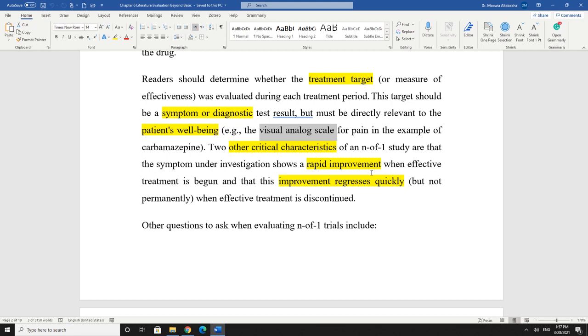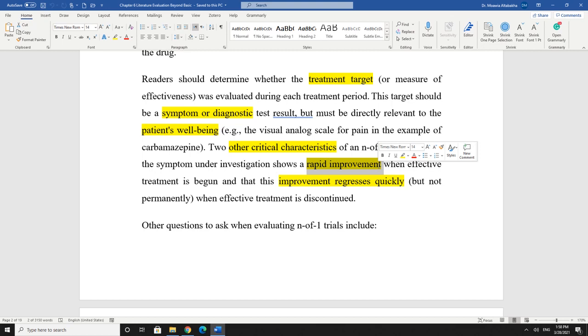Let's say Mus'ab, there is a person, Mus'ab, he's my patient, and I give him a treatment, and then I notice that there is rapid improvement when I gave him the treatment. Of course, I'm blinded, Mus'ab is blinded, but I see that when a certain drug or medication or regimen is given to this patient, he improves fast.